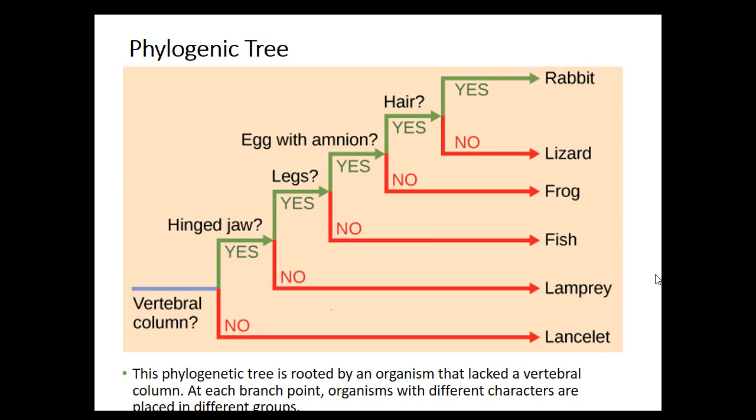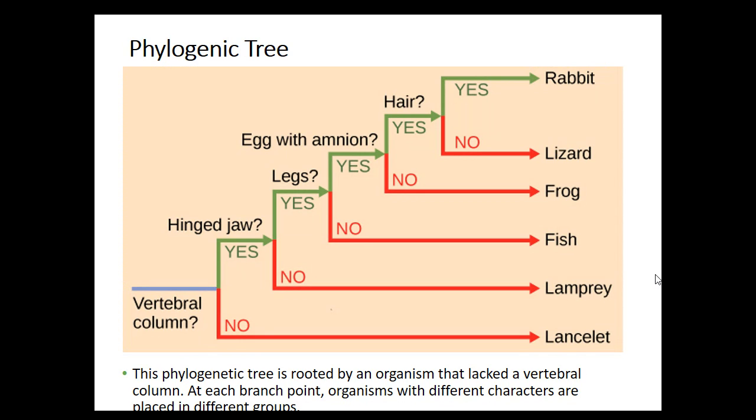Most fishes. And then this kind of egg that has an amnion is only in lizards and mammals. Frogs don't have an amniotic egg. And hair. Some of these animals with an amniotic egg evolved hair.